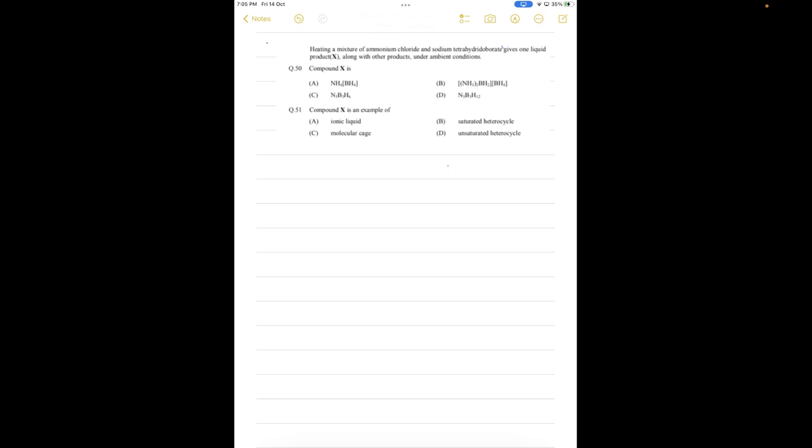So we have to find out the compound X. What is the compound X? And the compound X is an example of an ionic liquid, molecular cage, or heterocycle. We have to find out.